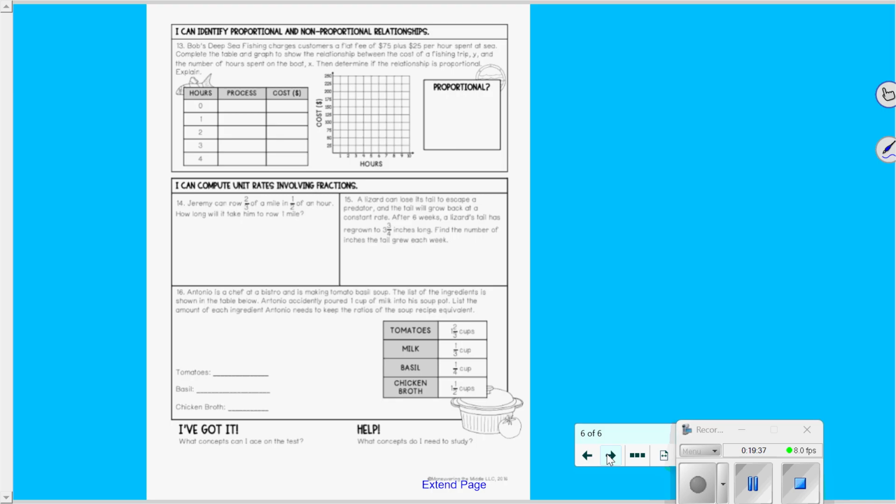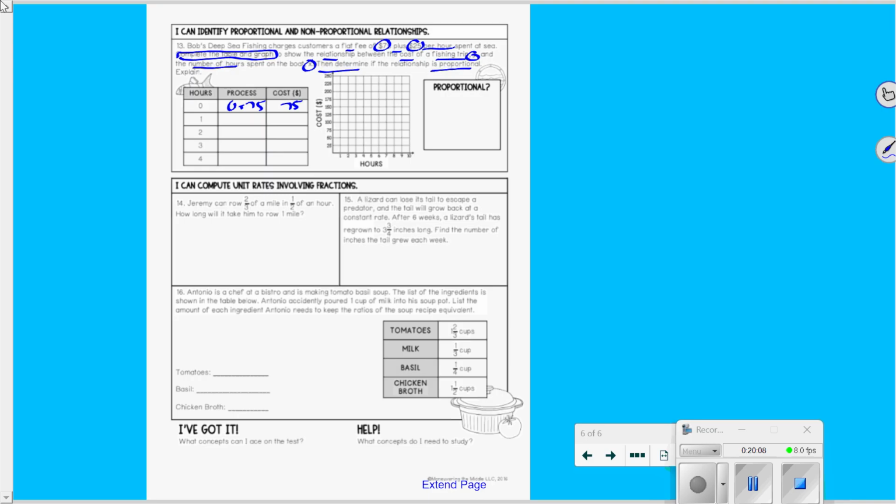Bob's Deep Sea Fishing charges customers a flat fee of $75 plus $25 per hour spent at sea. Complete the table and graph to show the relationship between the cost of fishing trips, it's actually the cost, and the number of hours spent on board the boat, X. Then determine if it's proportional. So at 0, it's going to be a flat fee of $75. So that's going to give me a cost of $75.